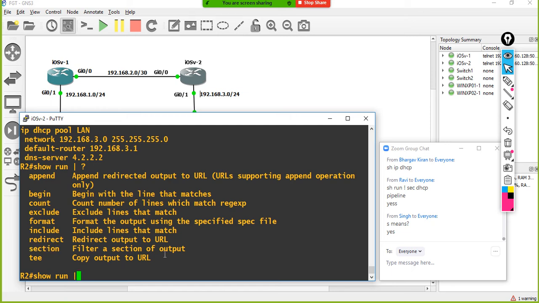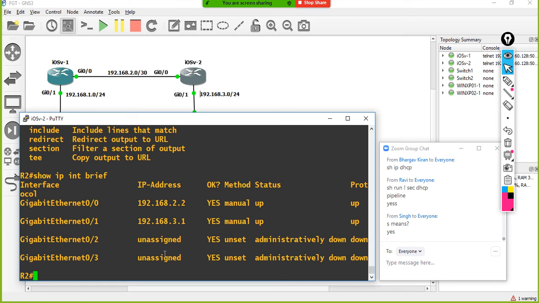And I just want to tell you one more thing, guys. If I type show IP interface brief, I can see all the interfaces. But I want to see which interfaces are configured with an IP address. Only I want to see those interfaces.